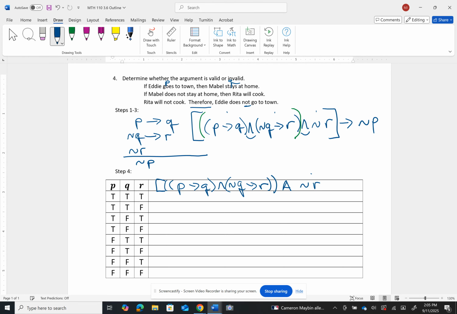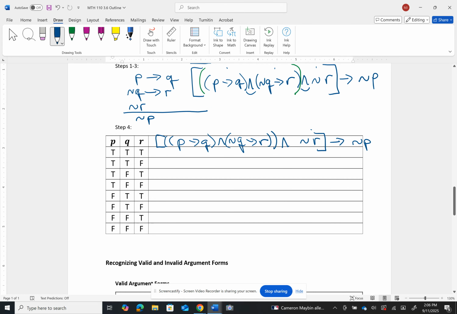And then once I get the answer to that, I'll be ready to do the not P and hook that one using the if-then statement. So I'm going to do this, then this.